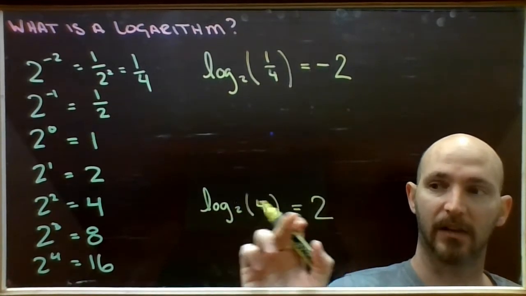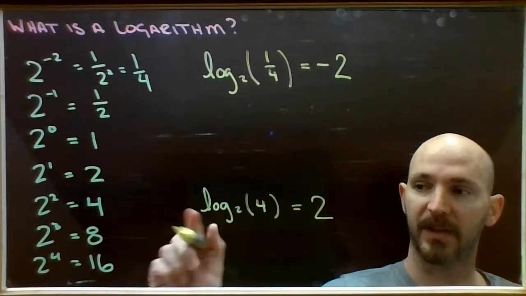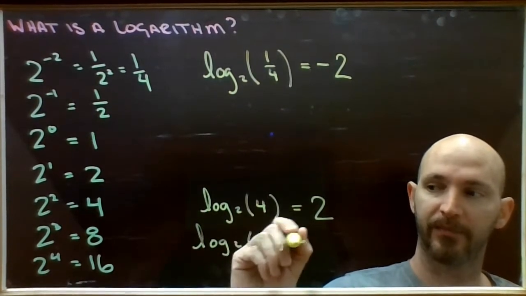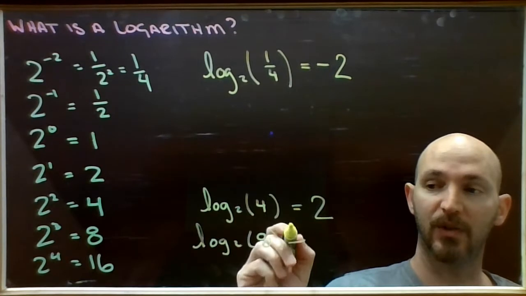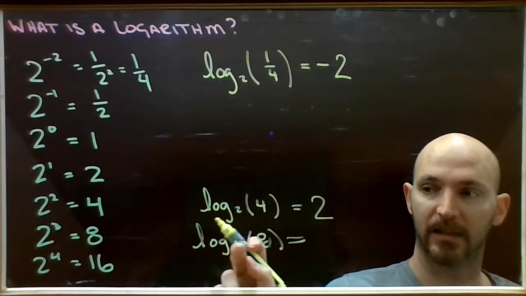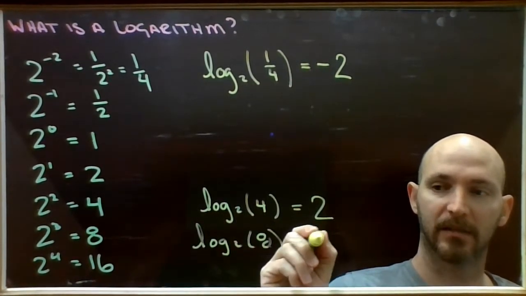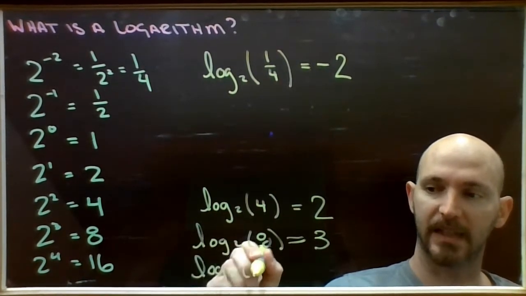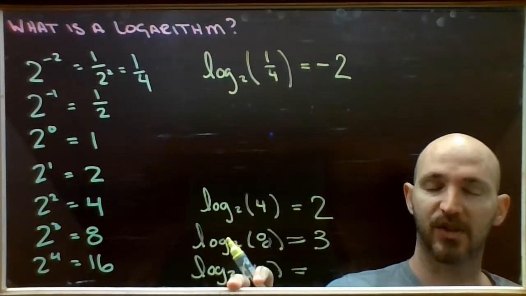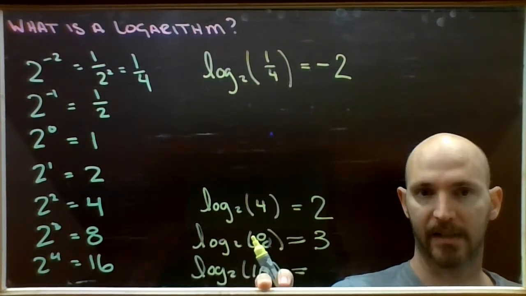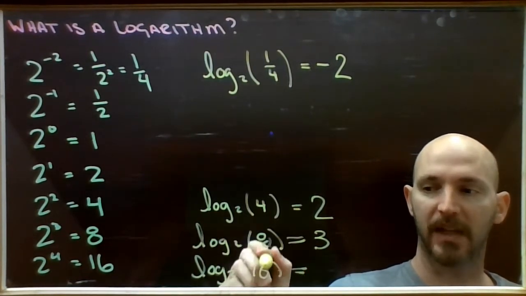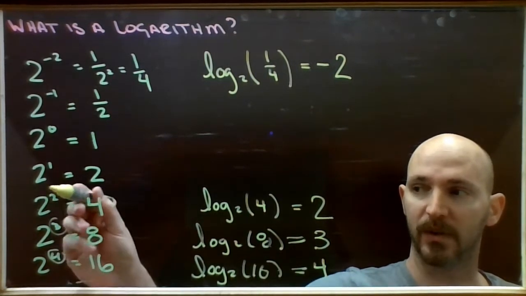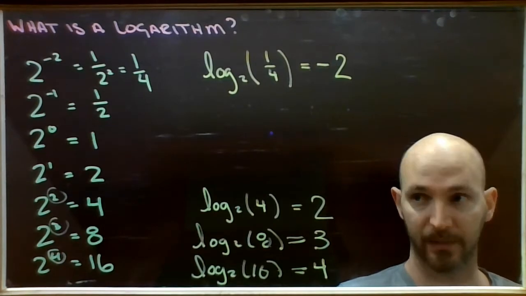For this one, log base 2 of 8, because 2 cubed is 8, then log base 2 of 8 should be 3. Log base 2 of 16, because 2 to the power 4 is 16, log base 2 of 16 should be 4. You see how I'm just returning the exponents on my powers of 2.